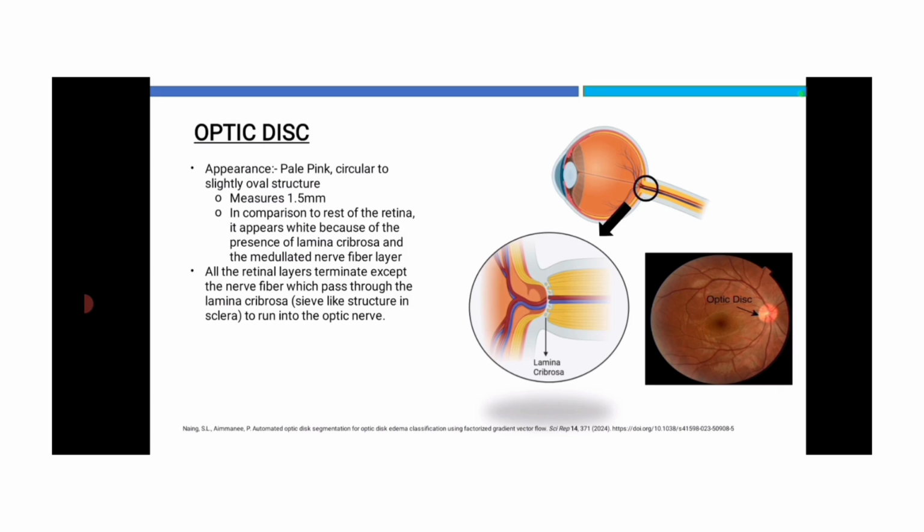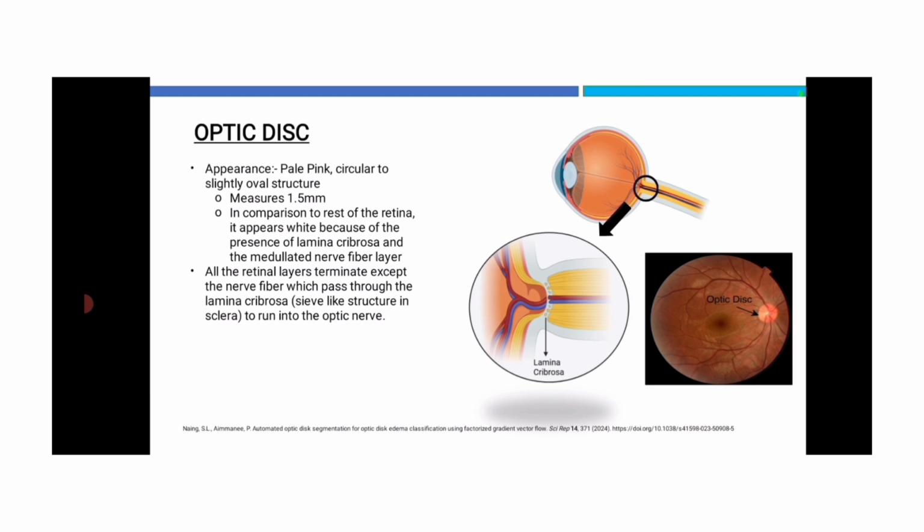Next, we move on to an important structure of the retina, that is the optic disc. It is a crucial structure in the retina that serves as the gateway to the optic nerve. The optic disc appears as a pale pink, circular to slightly oval structure and measures approximately 1.5 mm in diameter.